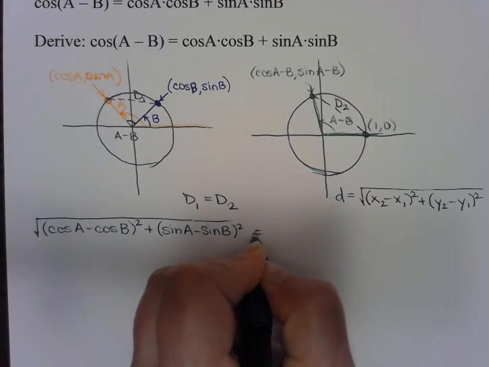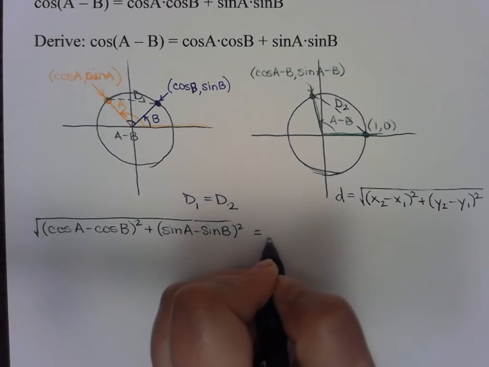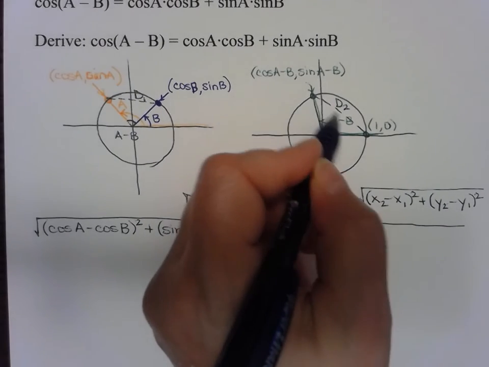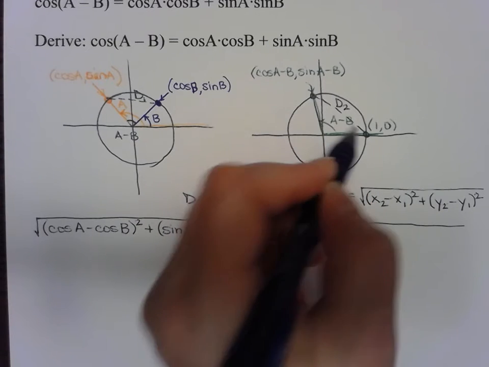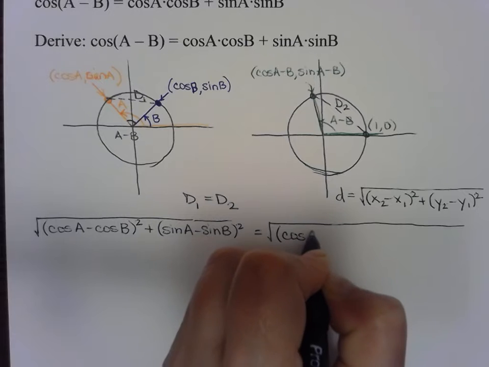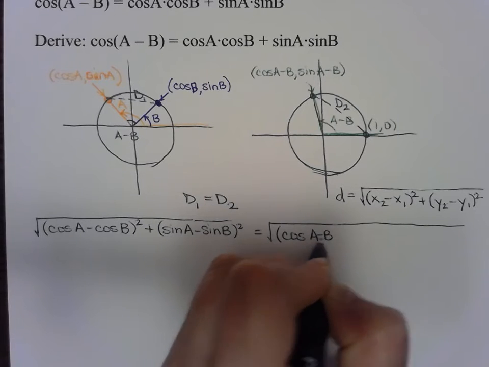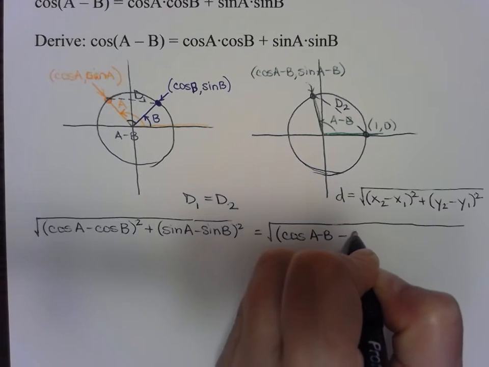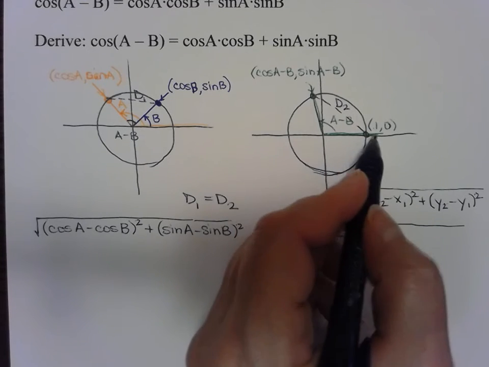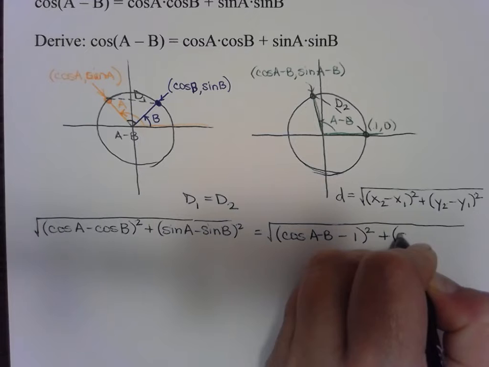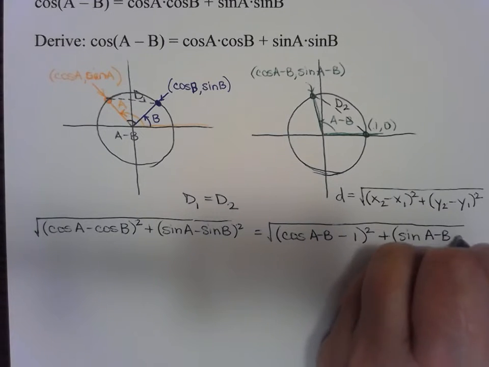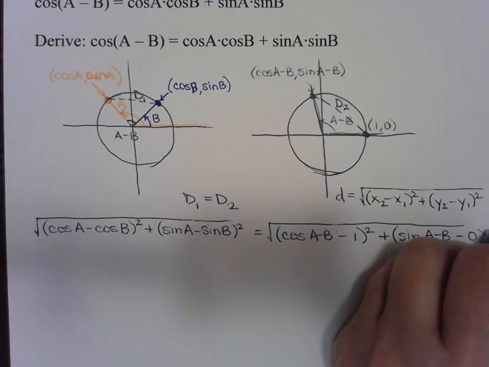And that must be equal to the square root of, now we're going to do distance 2. We're going to do the cosine of A minus B minus 1 squared, using the x values, plus sine of A minus B minus 0 squared.